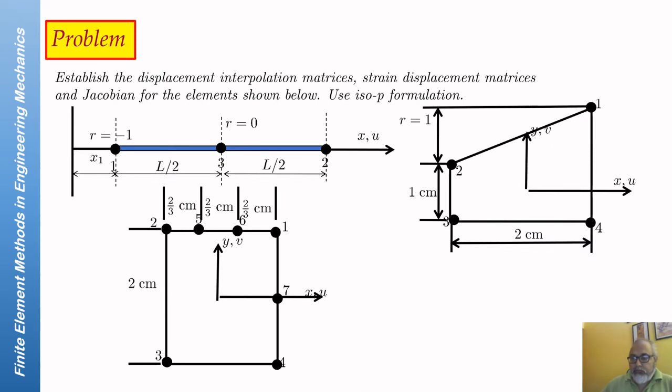So now let us take this case. This is a 4-noded Q4 element, and this, we know, is mapped from a parent which looks like this.